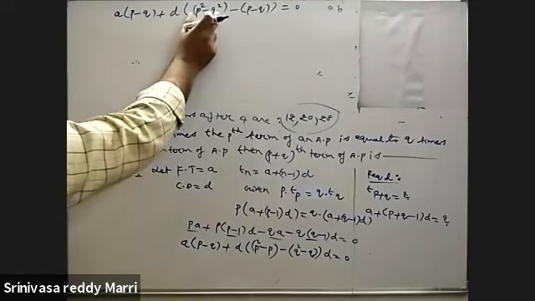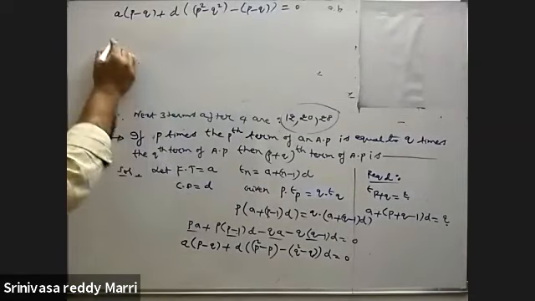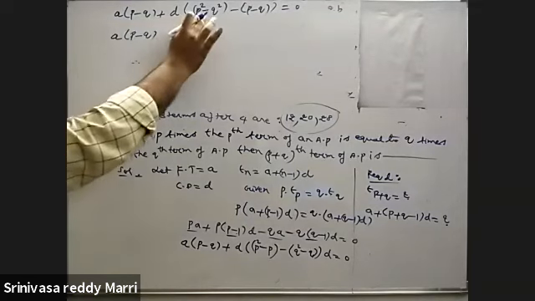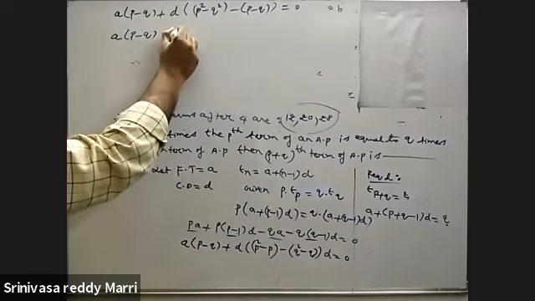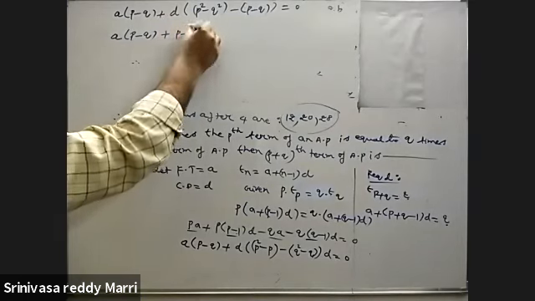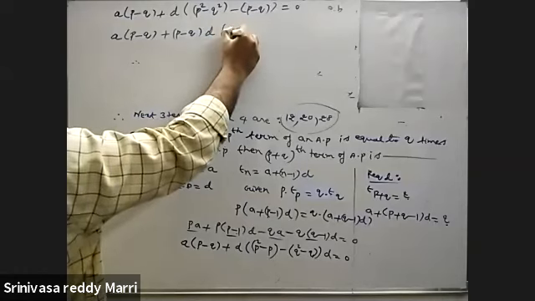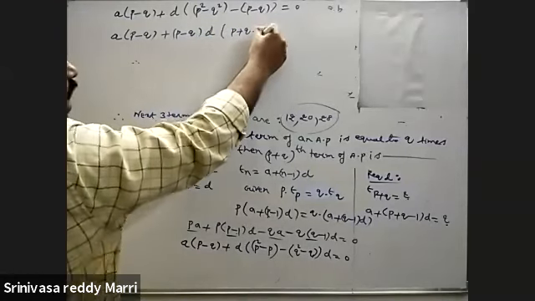Now this is P plus Q into P minus Q. P minus Q is common in these two. So P minus Q taken common into, P plus Q will remain, minus 1 equal to 0.